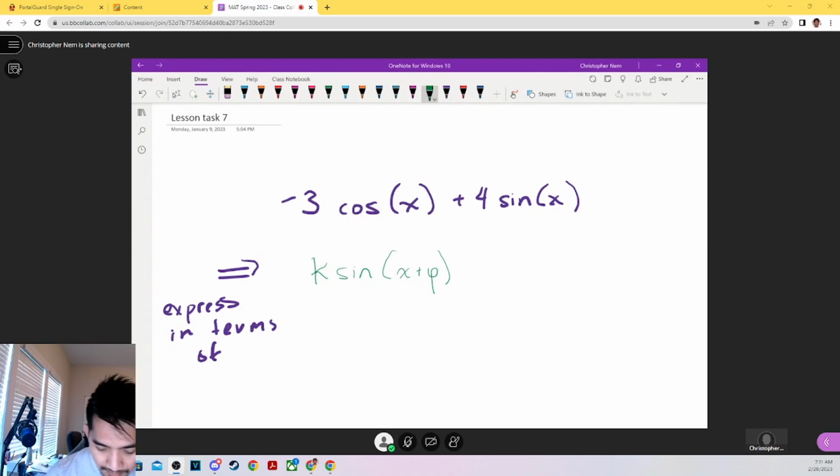So, what do I mean by that? Well, we know that this right here is relating to the sum of sines. It's just the backwards version of the sum of sines.